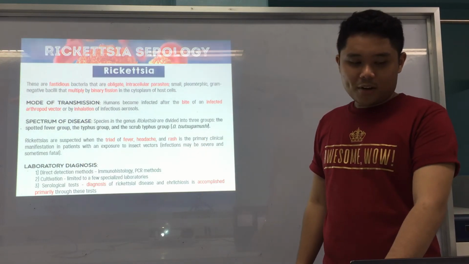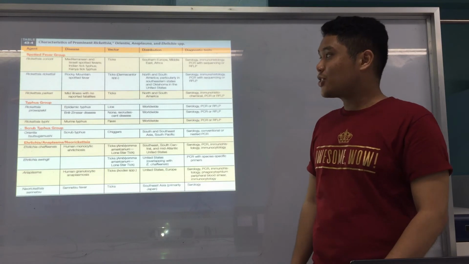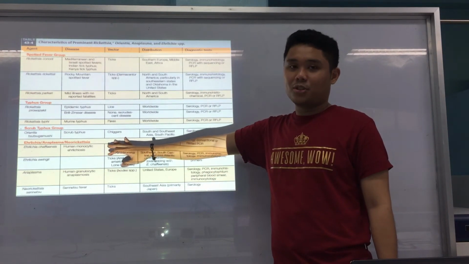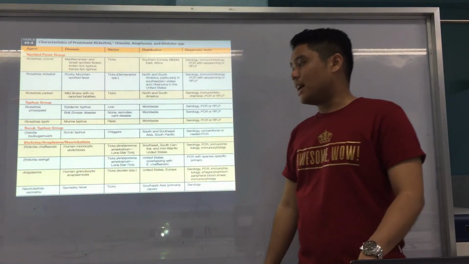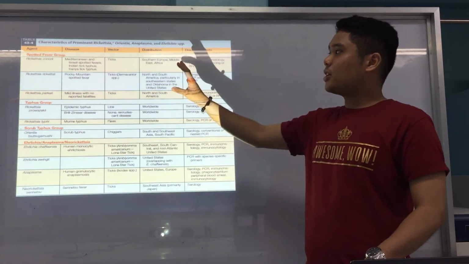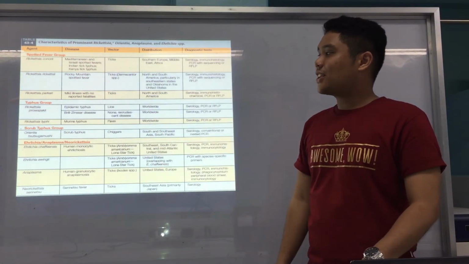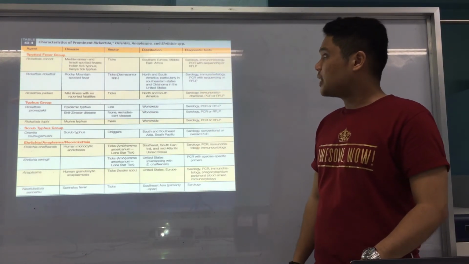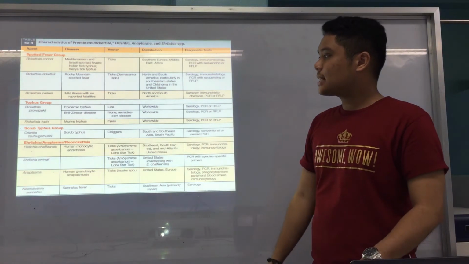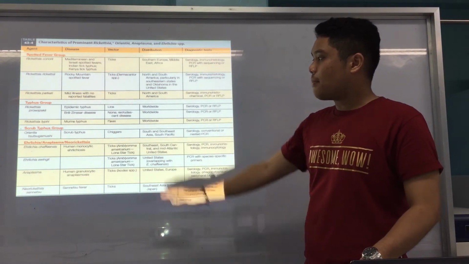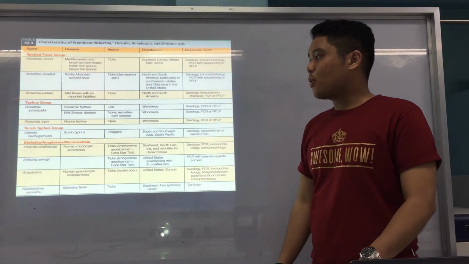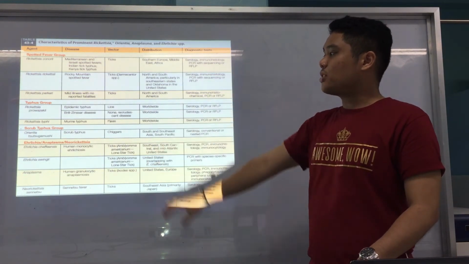Okay, alright. Now here is a summary of all your Rickettsia group, the spotted fever group, the typhus group, and your scrub typhus group. And your Ehrlichia, Anaplasma, and Neorickettsia. So for spotted fever group, very popular is your Rickettsia rickettsii, the causative agent of your Rocky Mountain spotted fever. Again, transmitted by your ticks. For typhus group, epidemic typhus or your Brill-Zinsser disease by Rickettsia prowazekii, and Rickettsia typhi murine typhus.